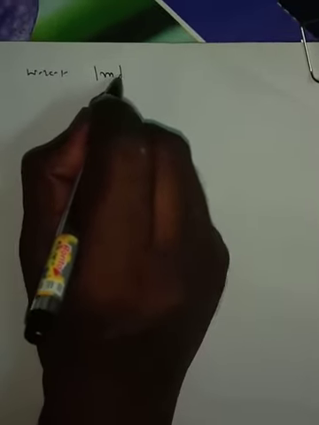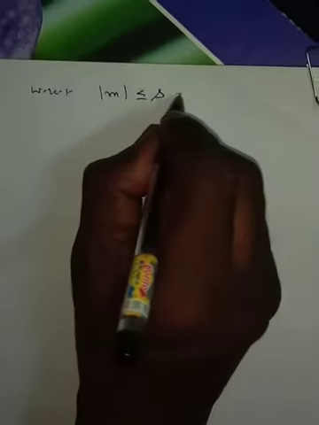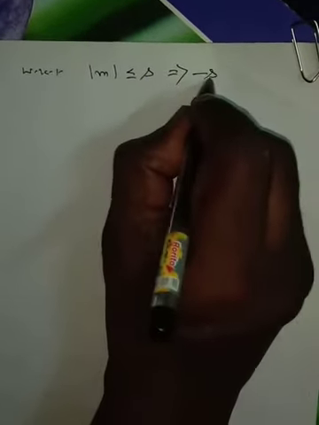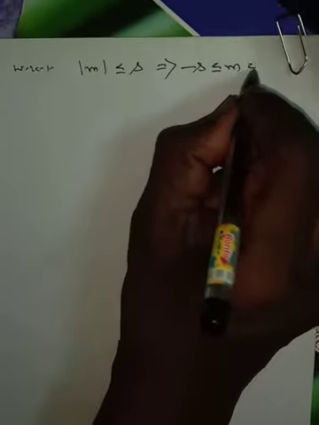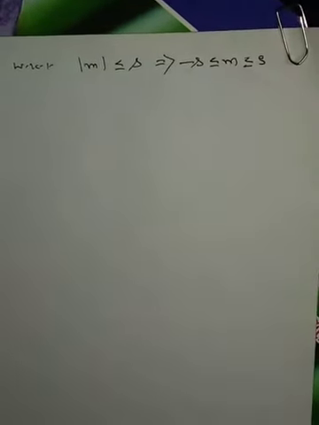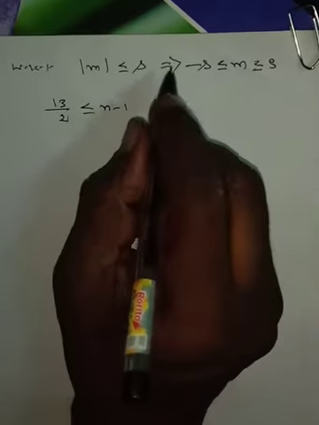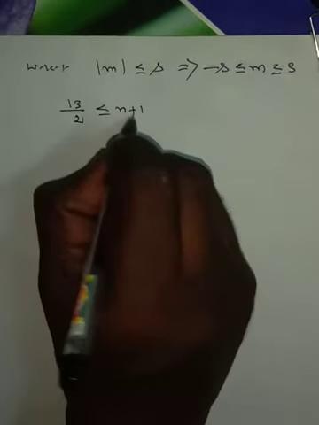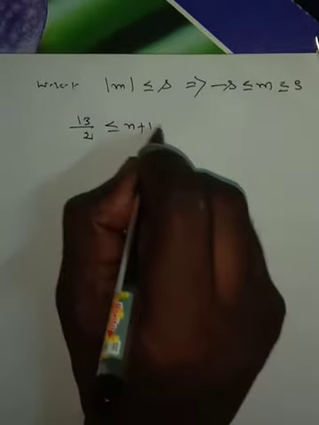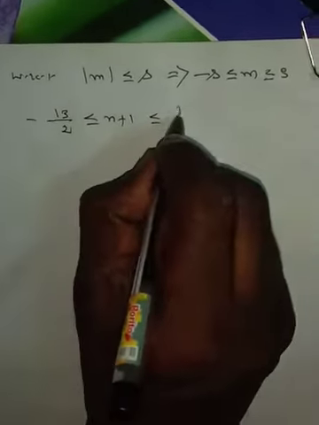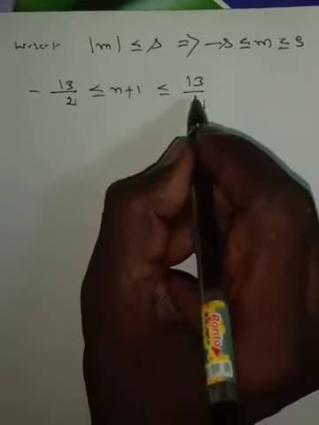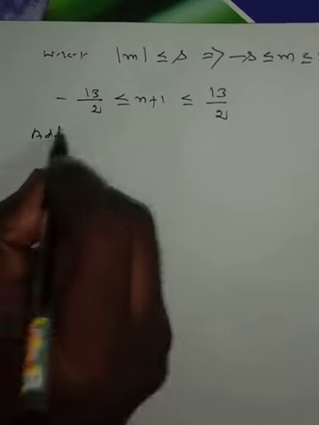Modulus of m less than or equal to s implies the inequality is minus s less than or equal to m less than or equal to s. Therefore minus 13 by 2 less than or equal to x plus 1 less than or equal to 13 by 2. This side negative, this side positive. Now add minus 1.